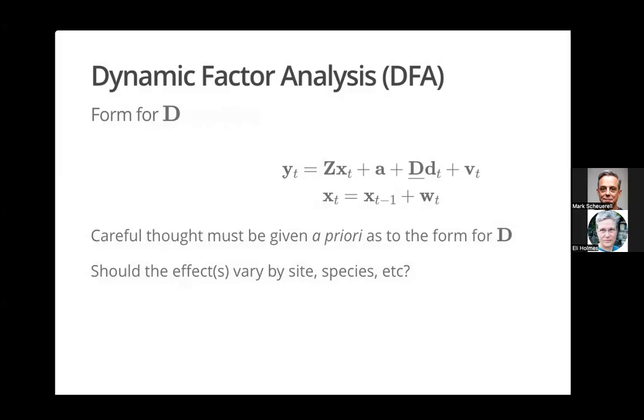Absolutely, yes. So temperature, precipitation, tidal cycle, all those sort of things, PDO. Yep, it's just like a multiple regression: beta 1 times x1, beta 2 times x2, et cetera. Just like Eli was saying on Tuesday when we were talking about covariate effects, whether this is big D, little d, or big C, little c here, you really want to think about what the form of D is that you're going to use.